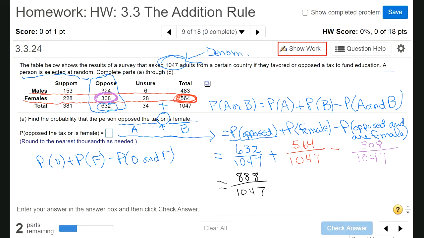I'm not going to try to reduce that. It asks for a decimal to the nearest thousandth. That's 3 places, so I'm just going to take that 888 divided by 1,047. And to 3 places, that's going to be 0.848. The number after that second 8 was a 1, so I kept it.